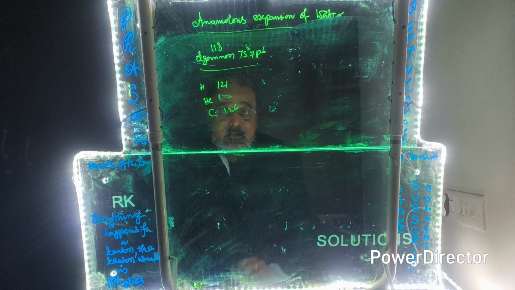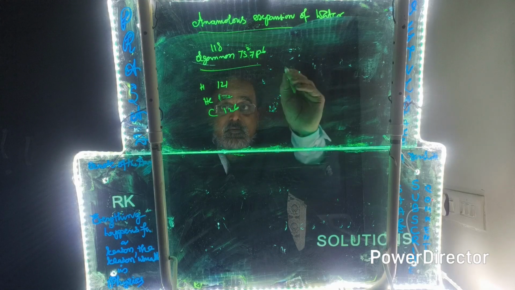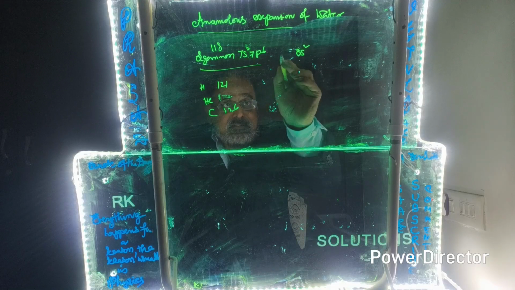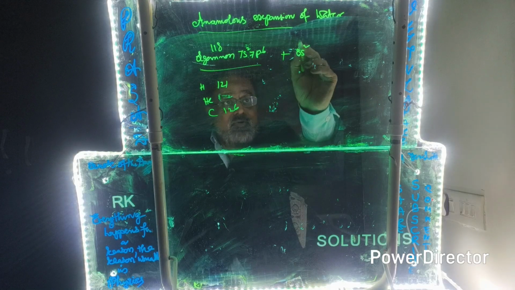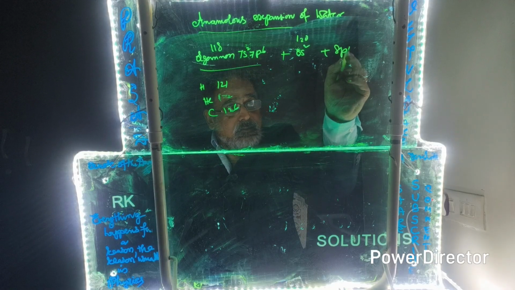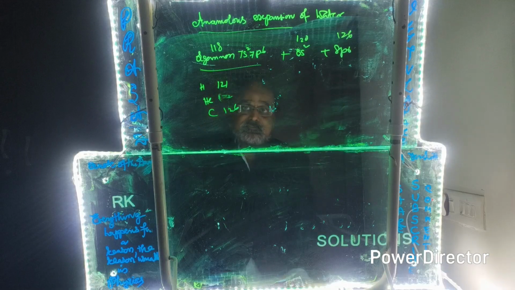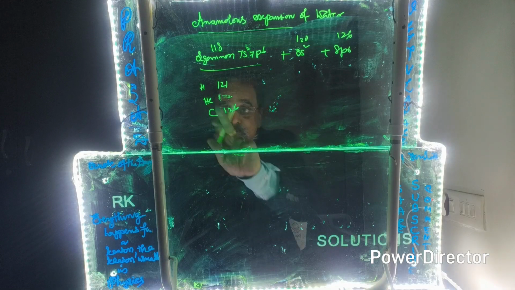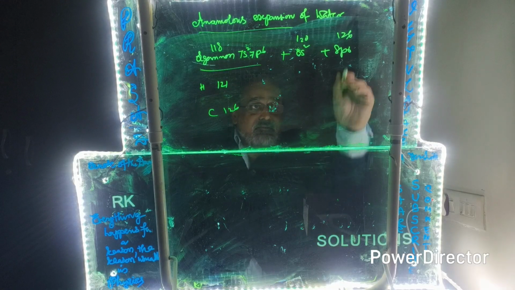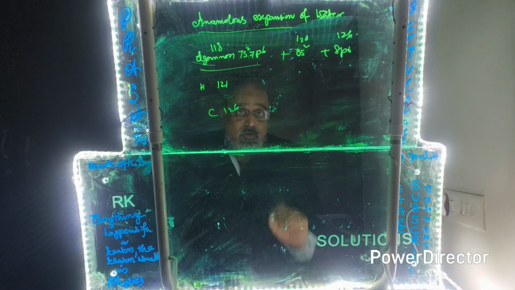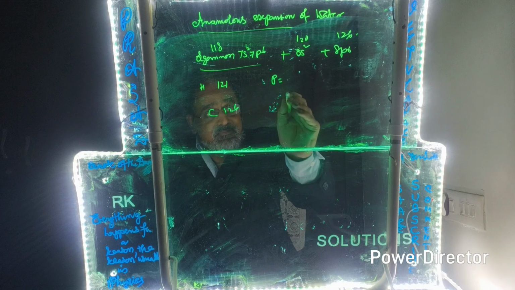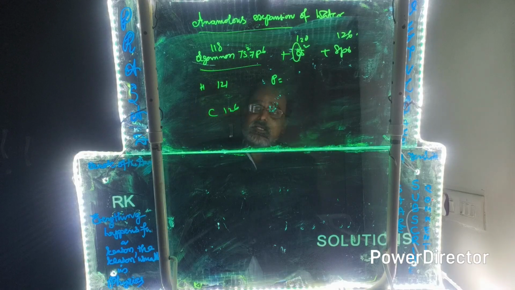Then how will the configuration change? 8s2, if you add this 8s2, that will become 120, plus 8p6, if you add this it will become 126, isn't it? So if you forget about helium now, this will become 126. What is the principal quantum number of this? 8.